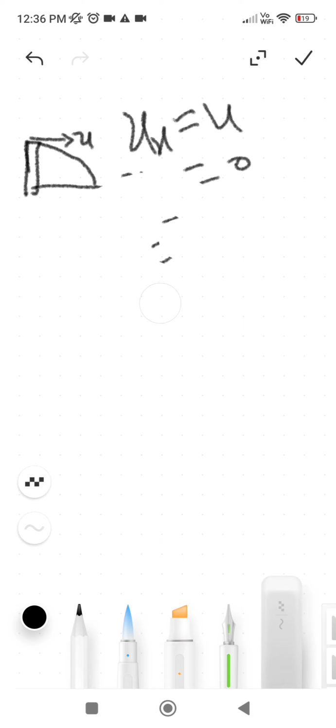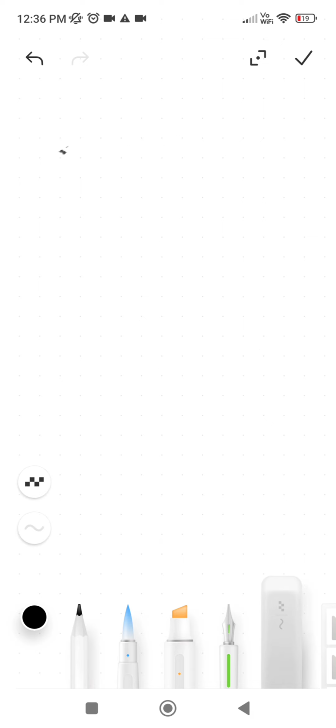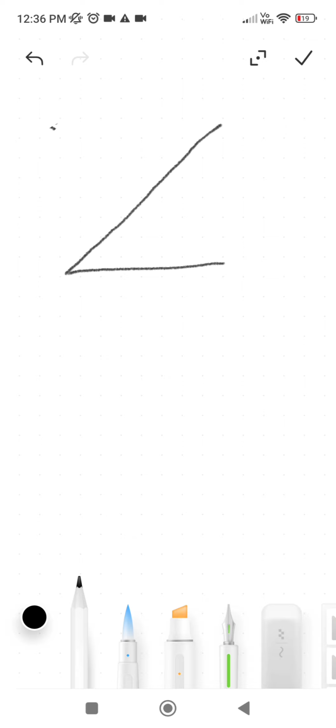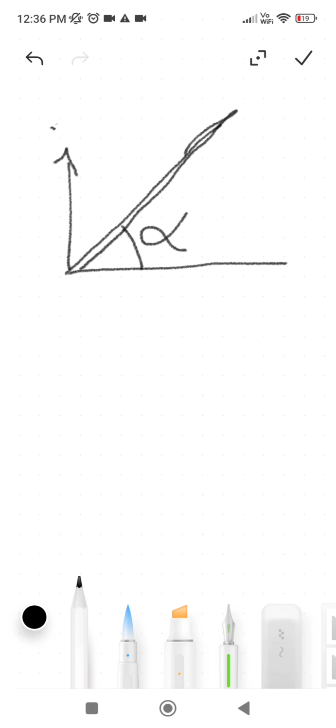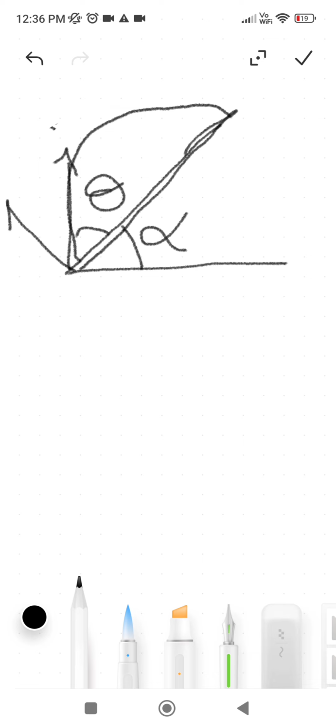Let me assume another case. This is an incline. This is alpha. So let us suppose the incline makes an angle alpha. What if I project a projectile from here like this? It follows a parabolic path here as well, which makes an angle theta. So I'll be resolving again in the x and y directions.